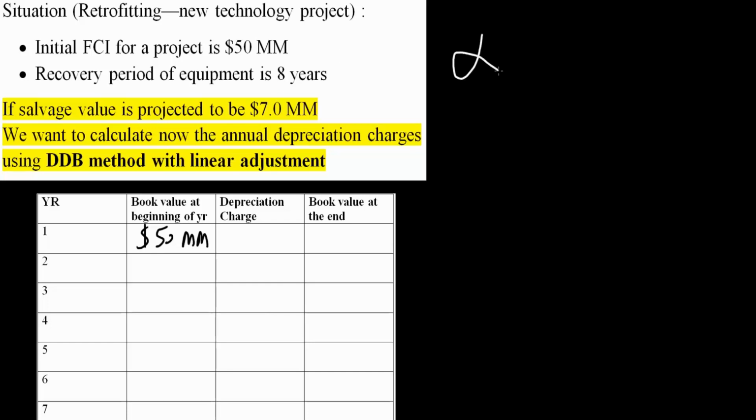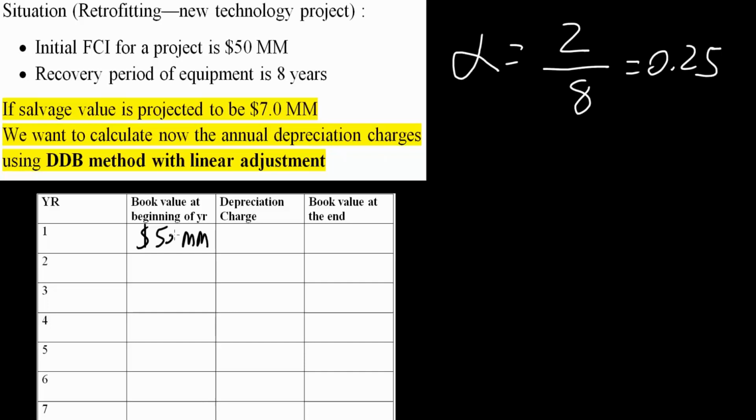Since we're using double declining method, depreciation charge is pretty simple. We call it alpha is equal to 2 because it's double declining method. If it was 150% declining method, you would say 1.5, but it's double declining method, so you say 2 over the number of years. So we have 8, so 2 over 8 will give us 0.25.